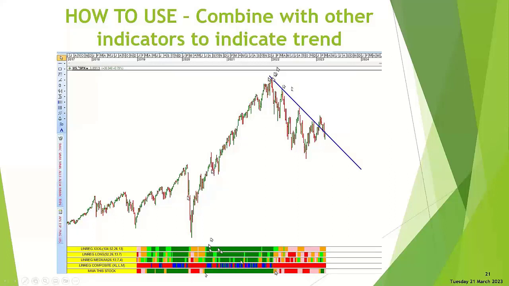So my thesis is that the linear regression lines here are indicative of what the underlying trend of the chart is, and match what you would potentially draw if you were manually drawing trend lines onto the chart.